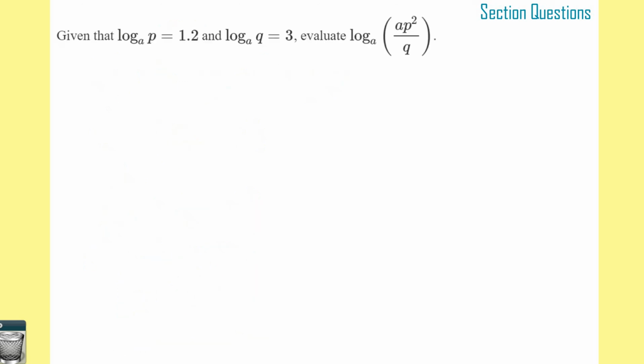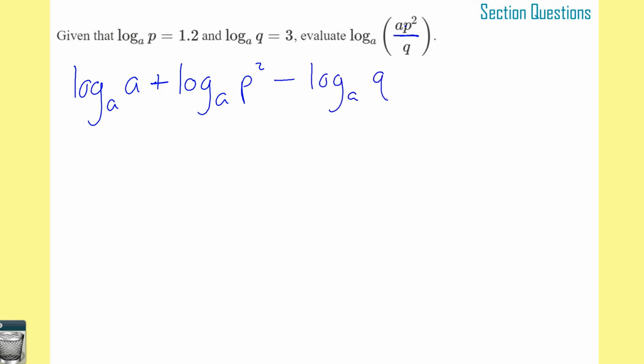Okay, so given that log p, log q, and so on, figure out what this is. So separate it with division and multiplication. I'm going to do it in one step this time. So log a of a plus log a of p squared minus log a of q.